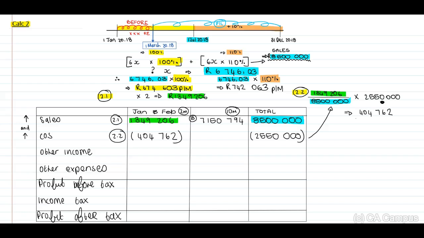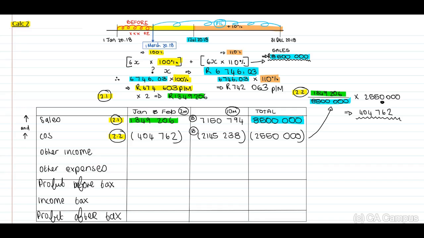And this will be 404,762. Immediately transfer this to my table and reference this calculation 2.2. Then the last 10 months will be my balancing figure, and this will be an amount of 2,145,238.